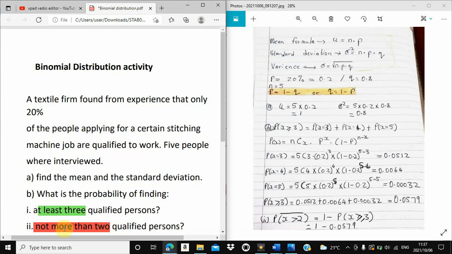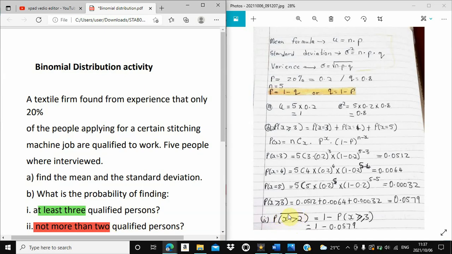When they say not more than 2, we are going to apply the complementary rule. We know about the complementary rule among the rules of probability. That's why we apply it. When they say not more than 2, simply they say you subtract the probability of x is greater than or equal to 3. That's why here we said the probability of x is greater than 2.